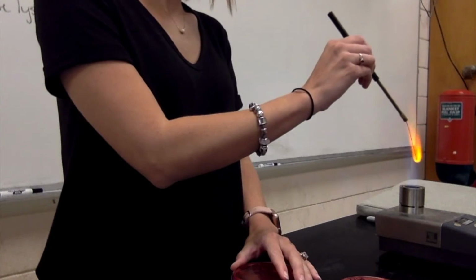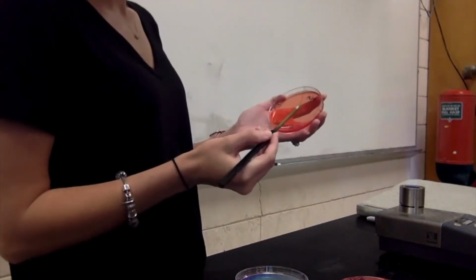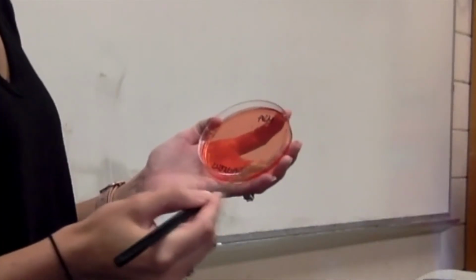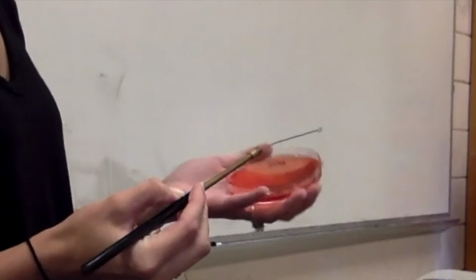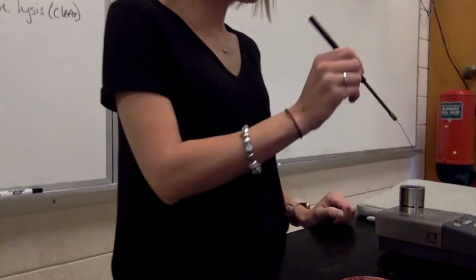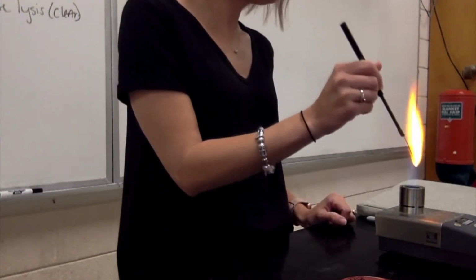Flame my loop. Second quadrant. And I'm flipping my loop, and I'm going to do the third quadrant. Of course, you normally do not want to stab the agar, but sometimes it happens, so no big deal.